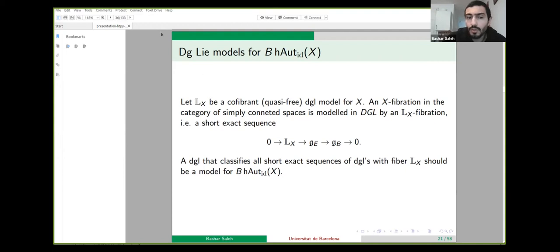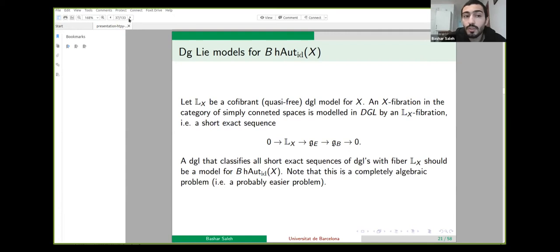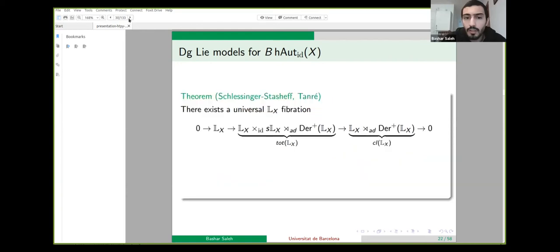Okay, but to classify all short exact sequences of DGLs with fiber L_X, this is a completely algebraic problem. So it's probably an easier problem. And yes, since it's probably an easier problem, it's solved.